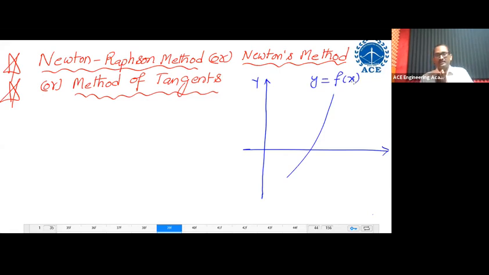Whereas Newton-Raphson method needs only one initial approximation. Initial approximation values must be given in the examination.